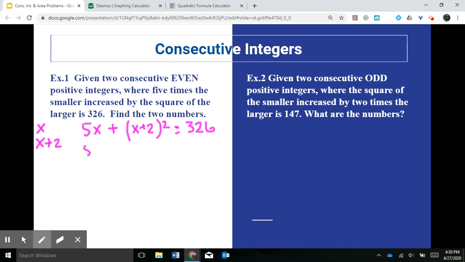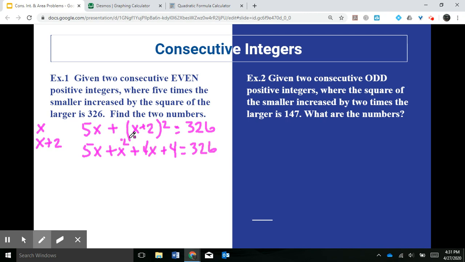So that's 5x. Again, there's another chance to practice square double square: x squared, double these two, so plus 4x, and then square the last one, plus 4. You guys get in 11th grade, you're going to thank me for teaching you square double square.